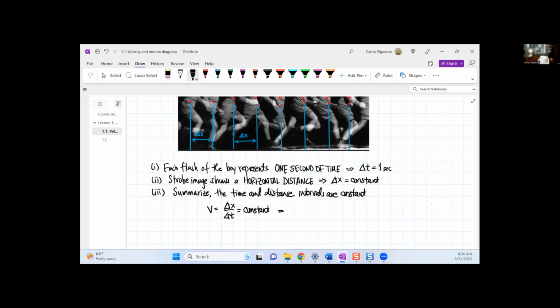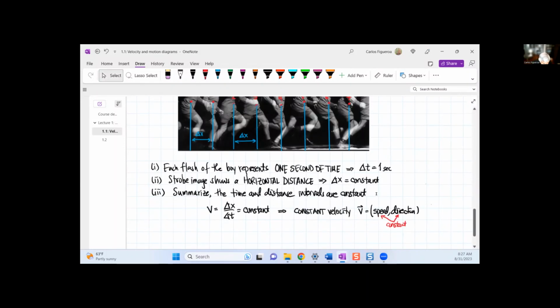So therefore, this situation shows constant velocity. And the reason it's constant is because its speed is constant and its direction is constant. So what we can conclude is that both of these are constant.